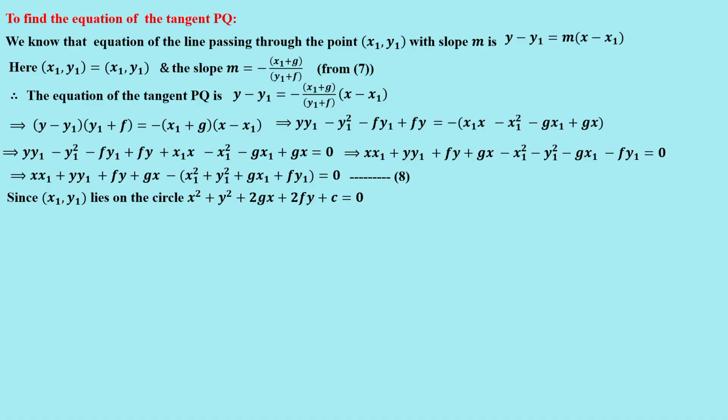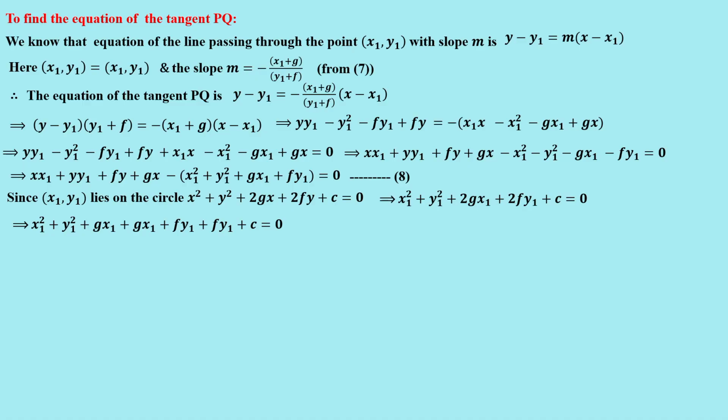Since (x1, y1) lies on the circle, it satisfies the equation x1 square plus y1 square plus 2g x1 plus 2f y1 plus c equal to 0. Therefore x1 square plus y1 square plus g x1 plus g x1 plus f y1 plus f y1 plus c equal to 0.